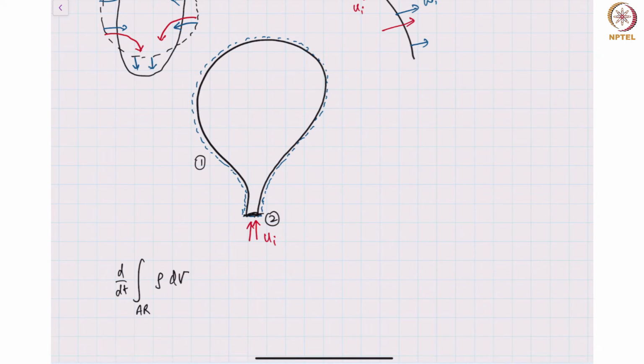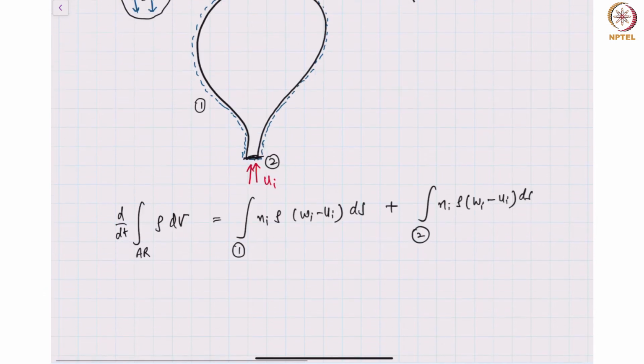This quantity will be equal to the changes over the boundary, that is boundary 1, that will be ni rho (wi minus ui) ds, plus the changes over boundary 2, ds.